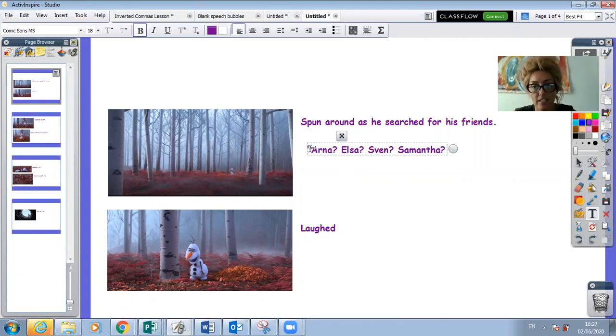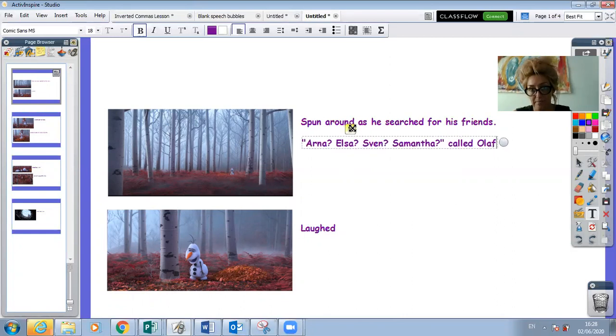Then I'm putting the inverted commas around them, called Olaf. Now, that's the speaking. There is a little bit more actually. I'll write the next bit.